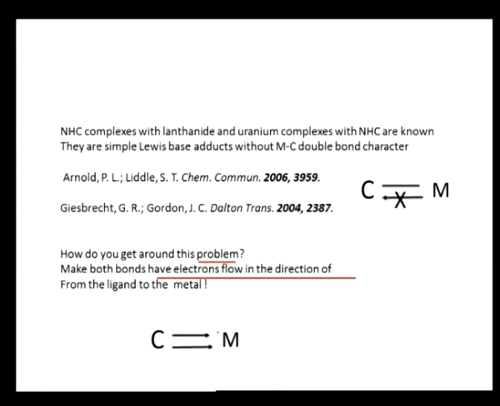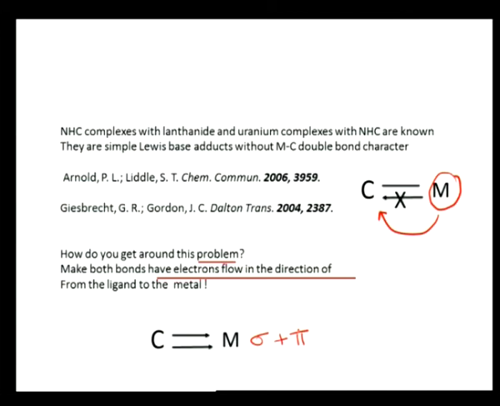If you have a carbene carbon where there is no possibility for donating electron density from the metal to the carbon center because there are no valence electrons on the metal, and you cannot form a double bond because of this type of resonance happening, then it is possible that we can get around this problem by making the electron density flow from the carbon to the metal in both sigma and pi fashion. So, how can one do that?